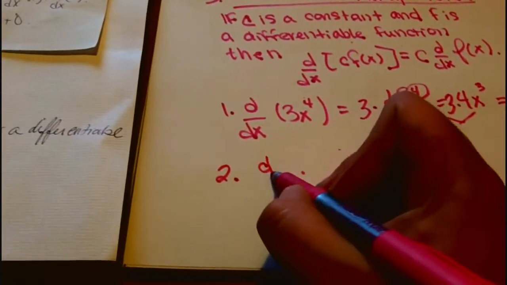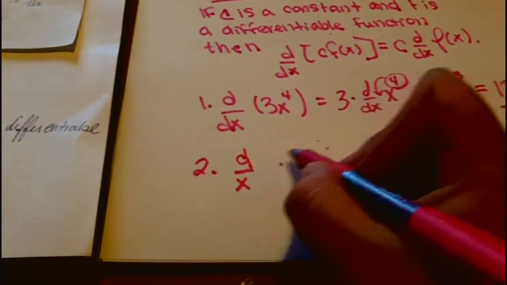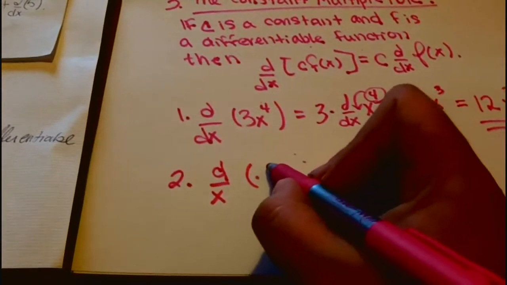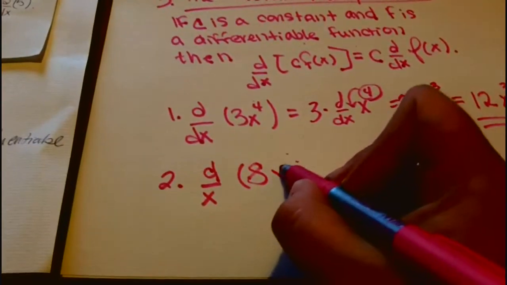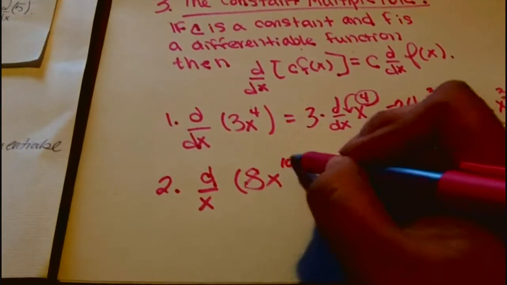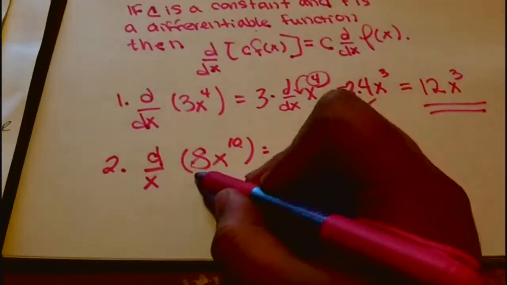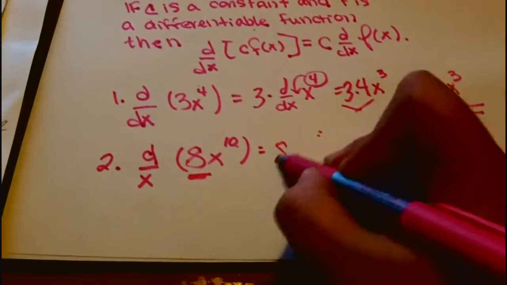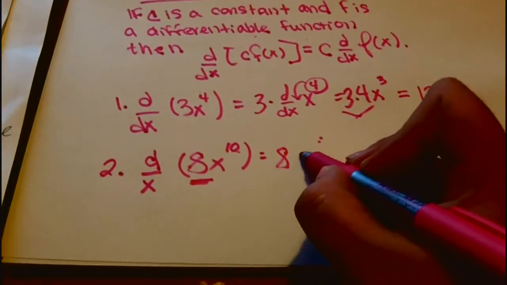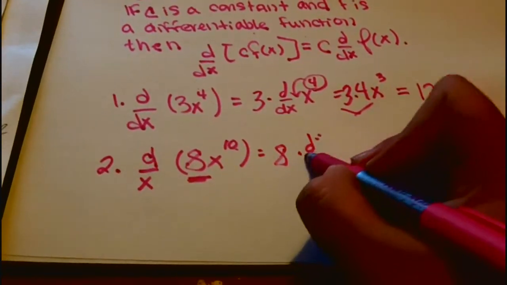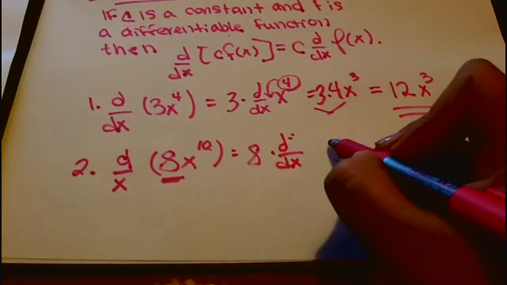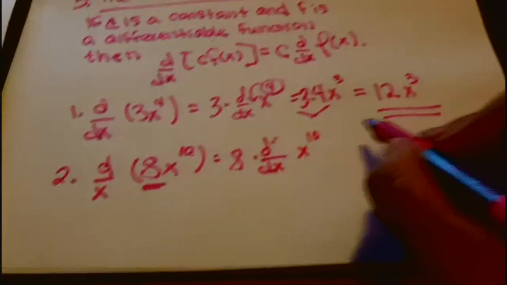A second example of this would be if we're trying to find the derivative of, say, 8x to the 10. Right, so we're going to take the constant, and the constant here is 8, times the derivative d dx of x to the 10.